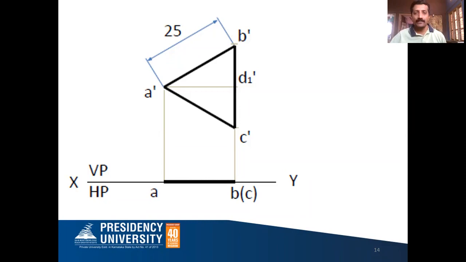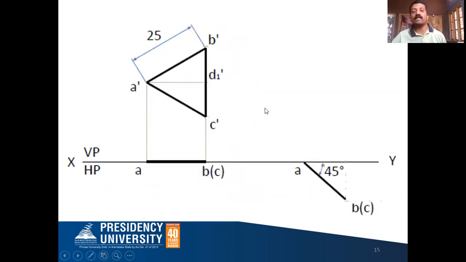Coming to the second position, he says the median passing through the corner, A dash and D dash, is inclined at 45 degree to VP. You take any one point on the XY line, on the right side, and draw a 45 degree line like this.